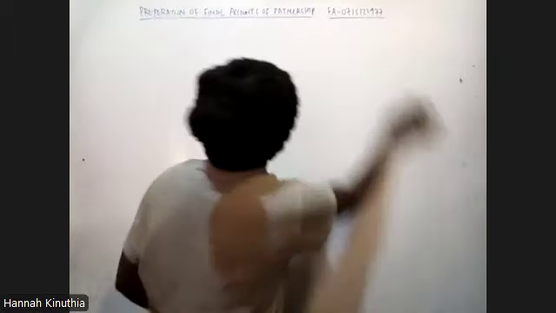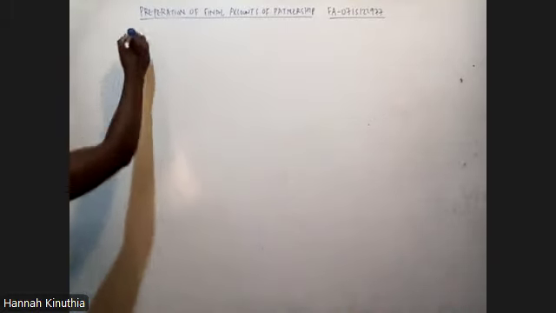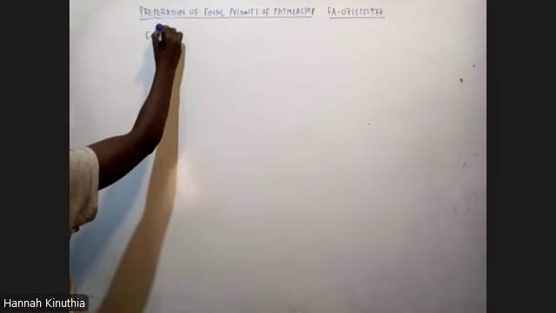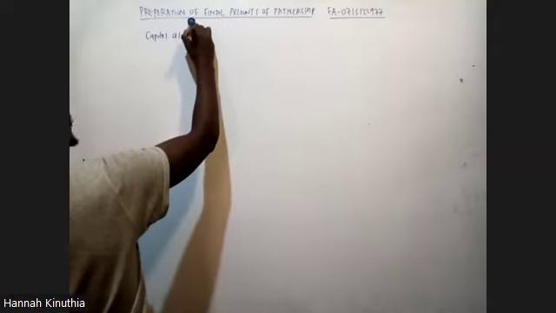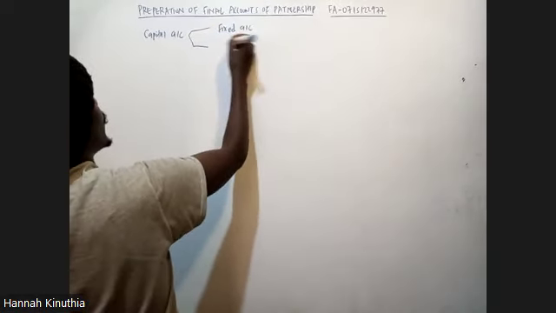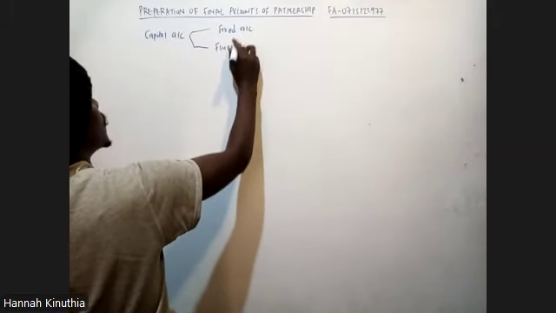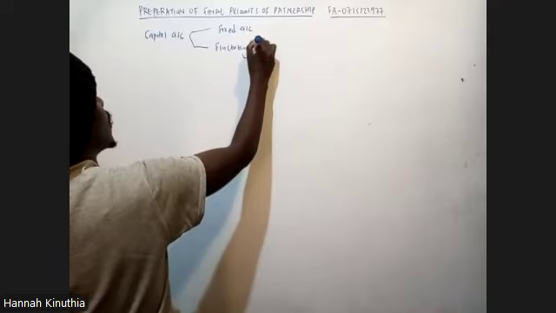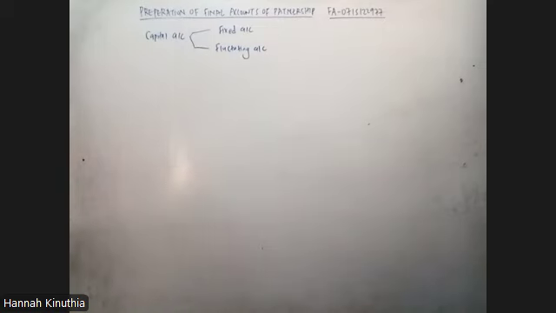Now, the capital account is made up of two items: we have the fixed account and we have the fluctuating account.